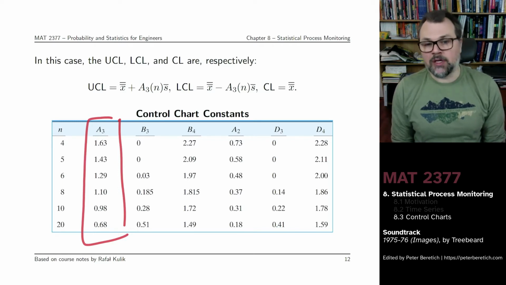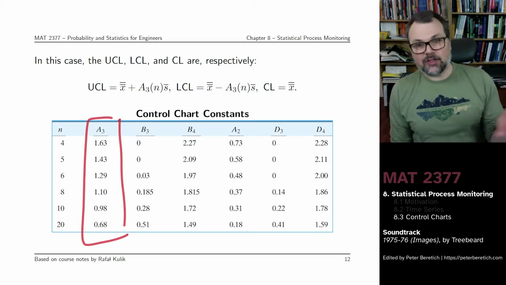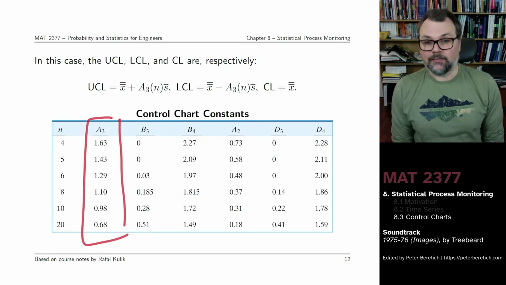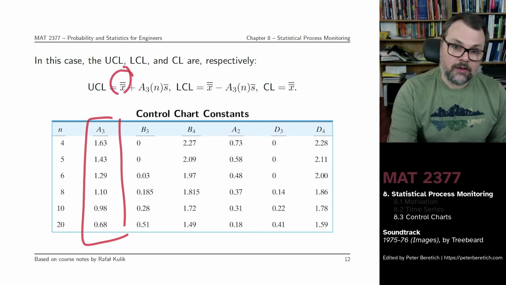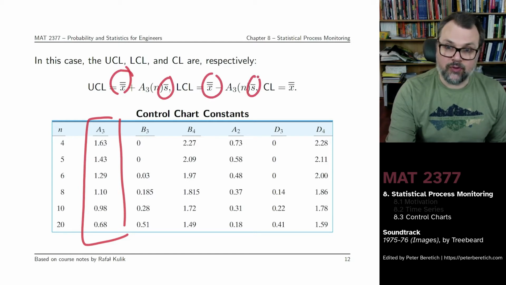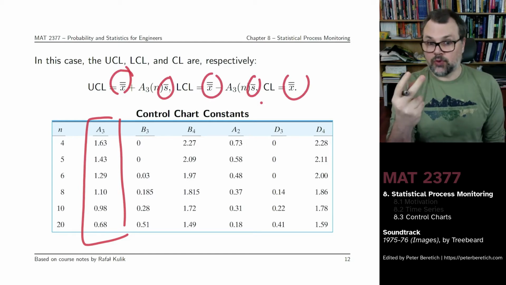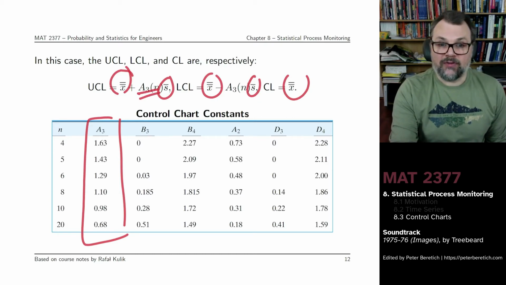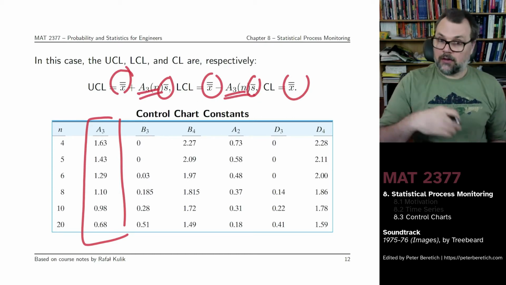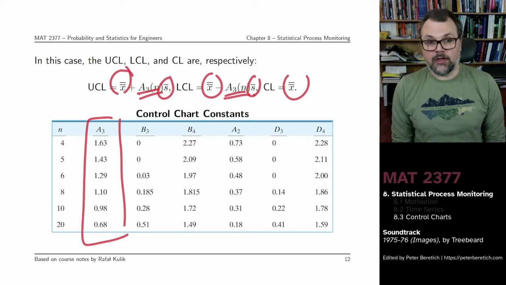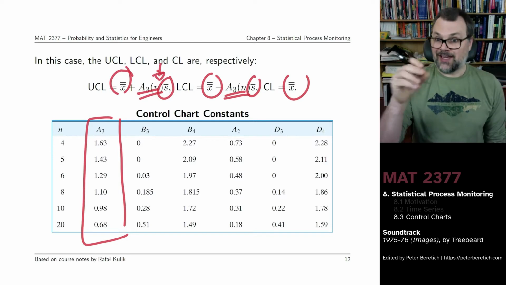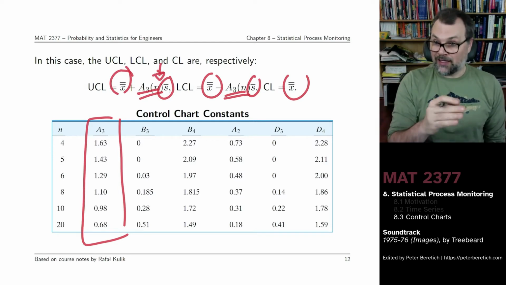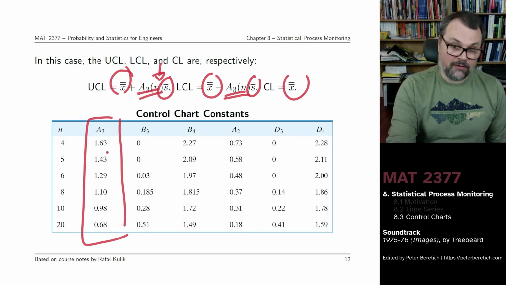Lower control limit would be the grand mean minus A3n times S bar, and the center line would be the grand mean X bar bar. But all of these here are quantities that you compute from the data. You only need to compute 2 of them, and the coefficients that tell you how wide the control chart is going to be are given as a function of the number of samples at each sampling location or at each timestamp by reading off of a table.